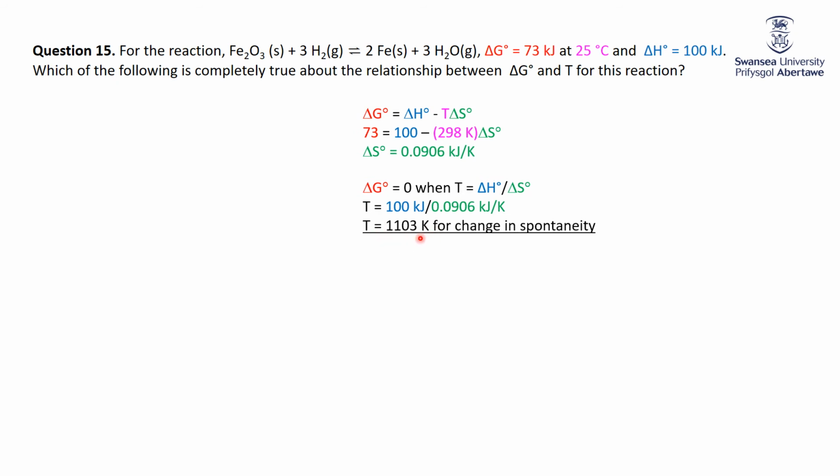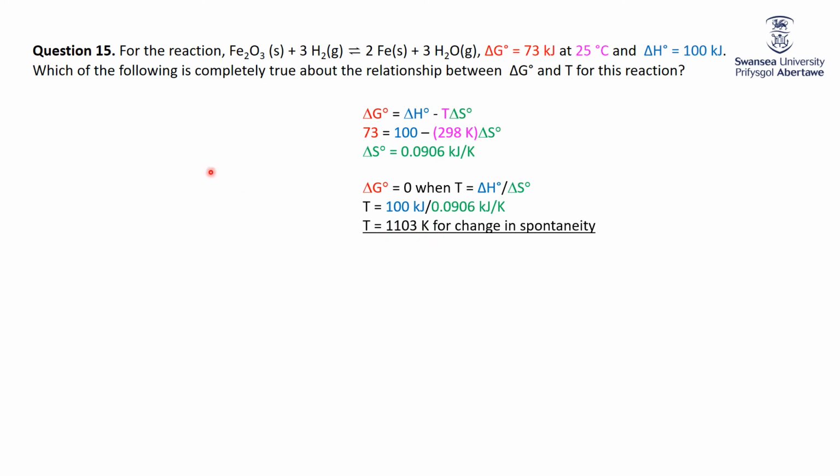So in other words, the reaction is the same as the last, right? Below 1103 Kelvin, delta H wins out. Delta H is nasty, and so the reaction is non-spontaneous. Delta G will be a positive number below 1103 Kelvin. Above that, the T delta S is winning out because it's a nice high temperature. Delta S is nice, so T delta S is nice above 1103 Kelvin.